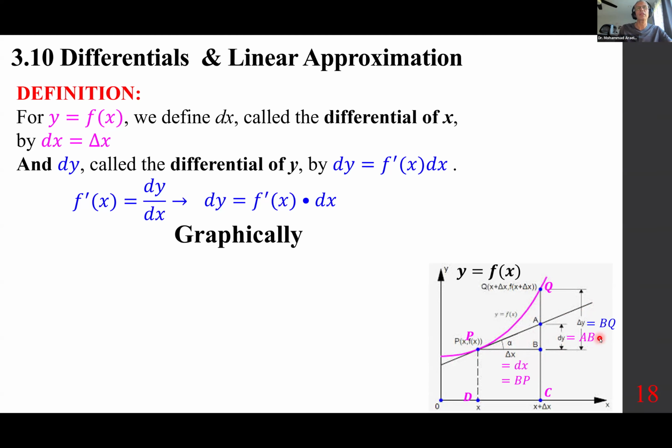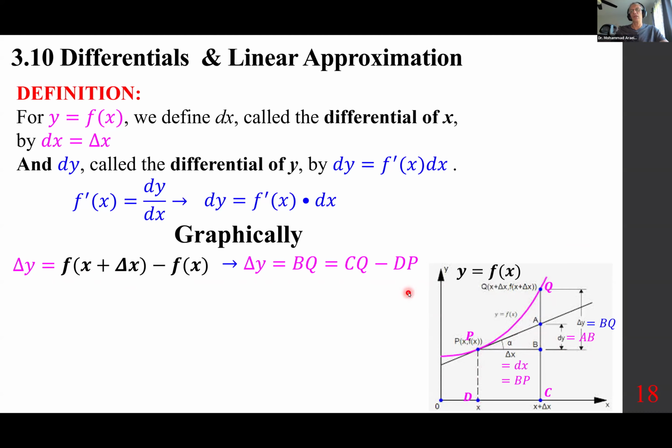So graphically, delta y, the rise along the curve, is f of x plus delta x minus f of x. So delta y is this distance BQ, which means it's this distance CQ minus this distance AD, in other words, f of x plus delta x minus f of x.